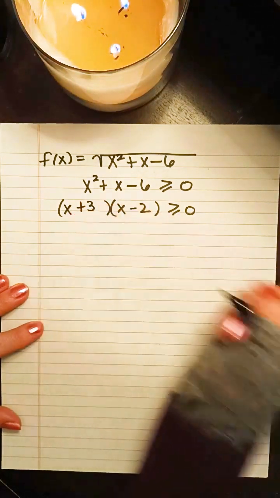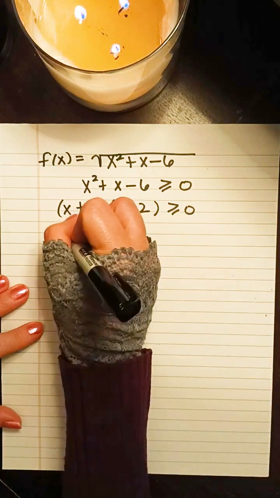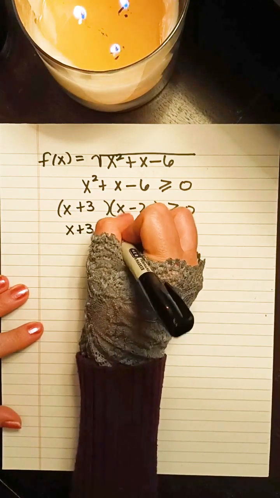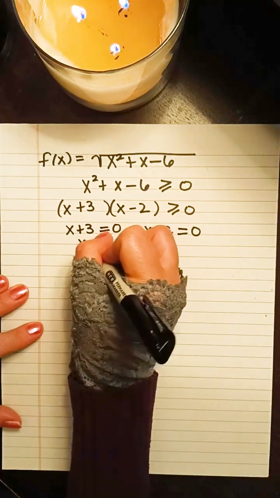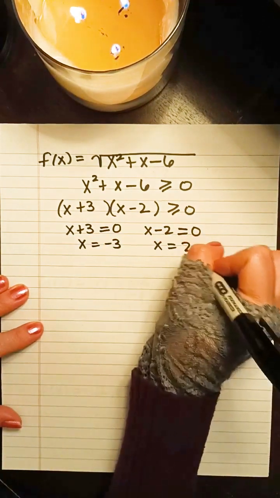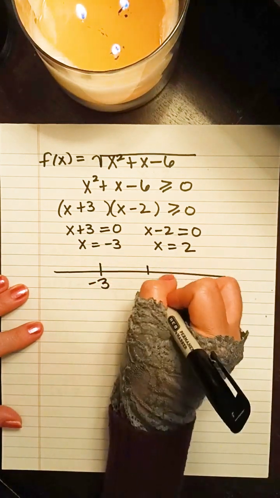Now I need to find my boundary values, where each one of these factors is equal to 0. So I have negative 3 and 2.